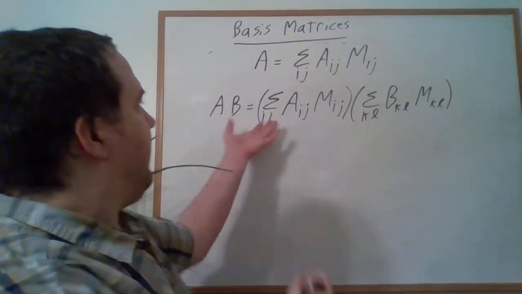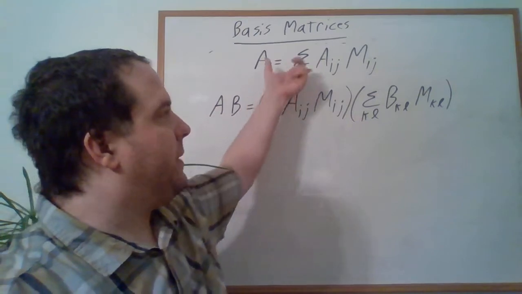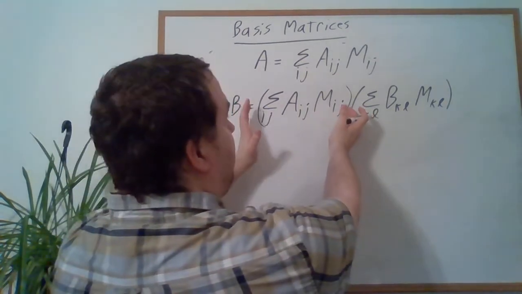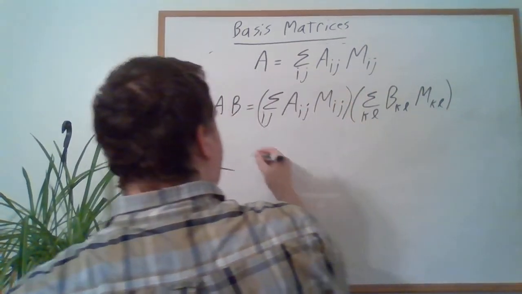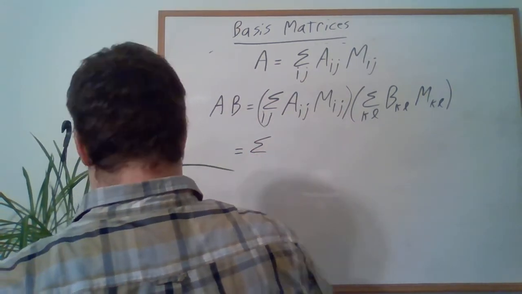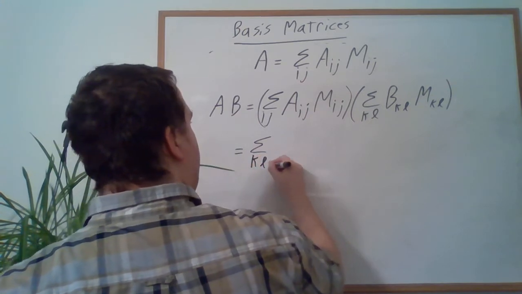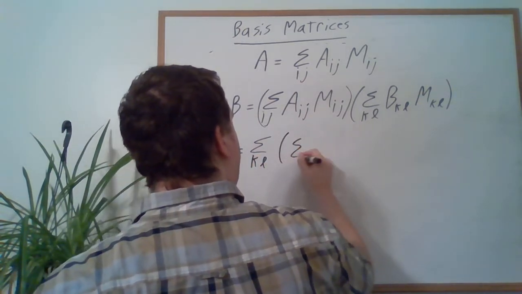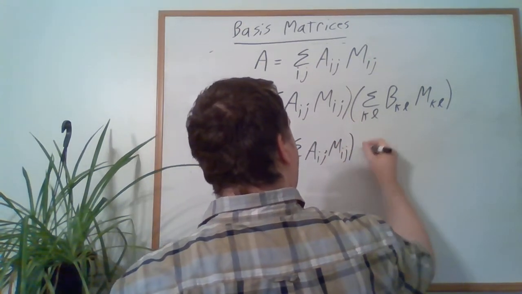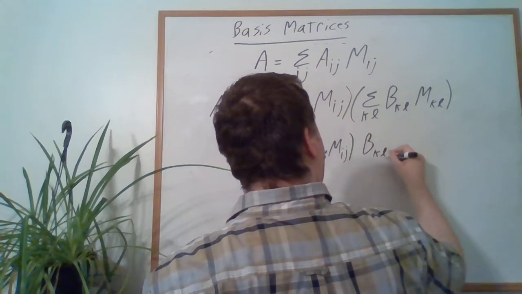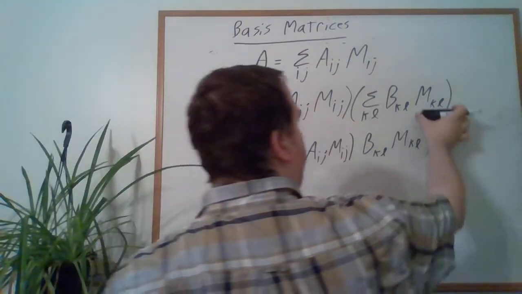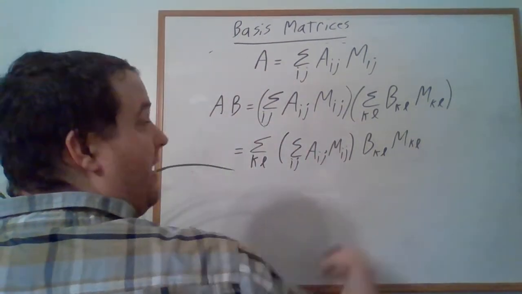well, it would just look like this, right? We're expanding out A and B using this identity here. And then we can distribute, right? We can distribute this over this sum. And then we can distribute back.